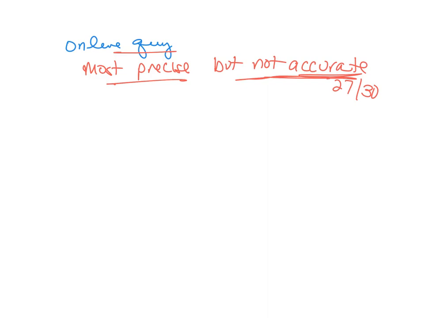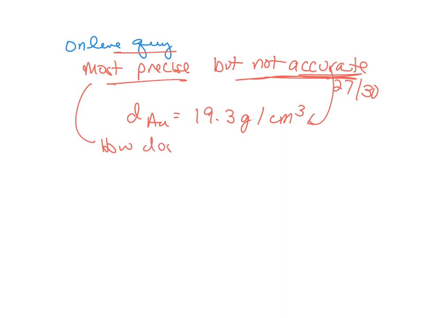Okay, so here they're telling you what the reported density of gold is, 19.3 grams per centimeter cubed. So that's the accuracy. And so precise means how close the measurements are.